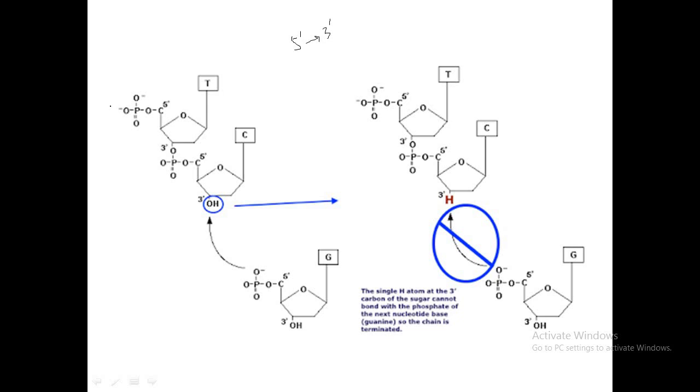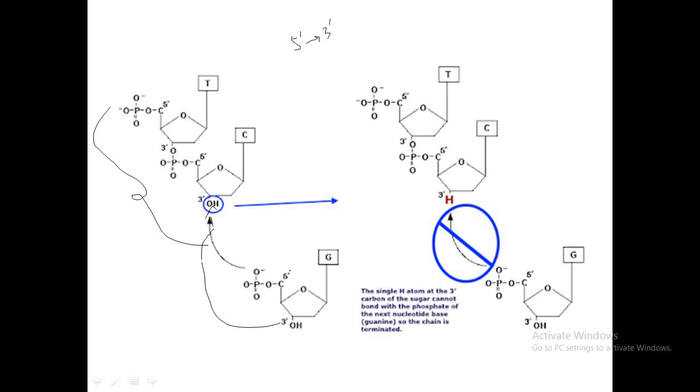If you can see this part, it represents a portion of DNA. Here you can see this 3 prime OH region, which is marked, and any new base that is going to be a part of this DNA will attack this OH group in order to form a phosphodiester bond between this 3 prime and this 5 prime region.